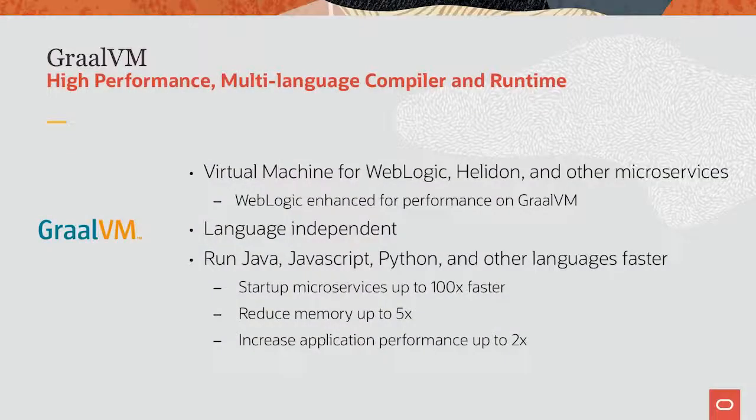And so what we've worked on for a long time is GraalVM. GraalVM is a polyglot environment. What that means is that it's a runtime that can support different languages. So you want to run Python code, you want to run JavaScript, Java, R, and so forth, and one runtime can execute any of these languages.